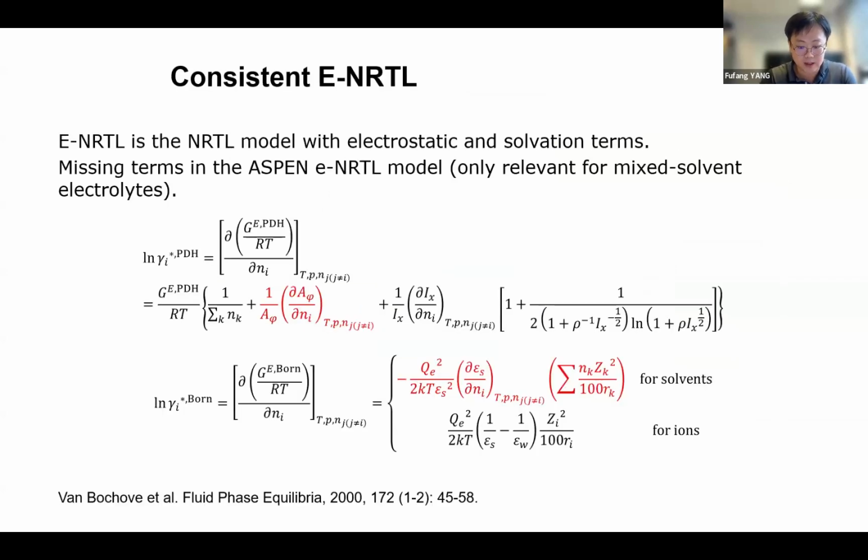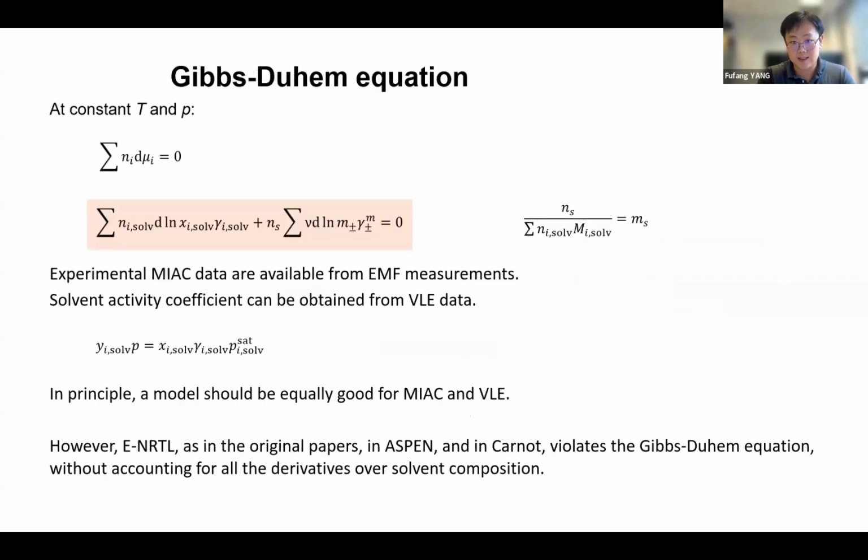The electrolyte NRTL model is the NRTL model with the Pitzer-Debye-Hückel term and the Born term. We are using a version that is consistent for the composition derivatives, so that it satisfies the Gibbs-Duhem equation. The good thing about satisfying the Gibbs-Duhem equation is that then the solvent activity coefficient and the ion activity coefficient could be used to verify each other.